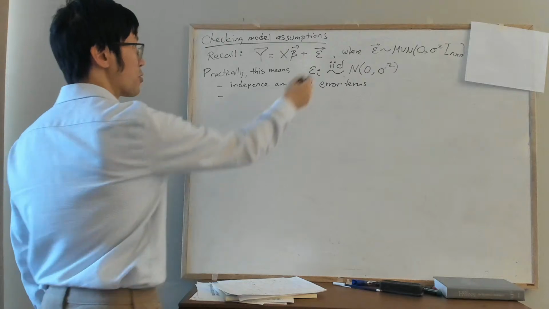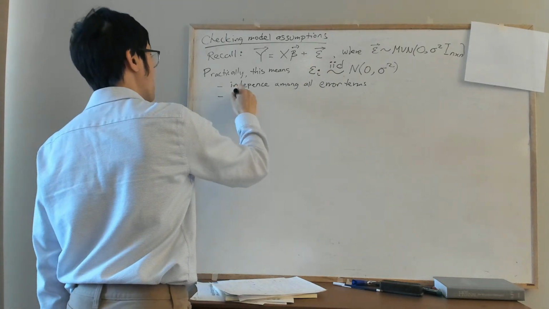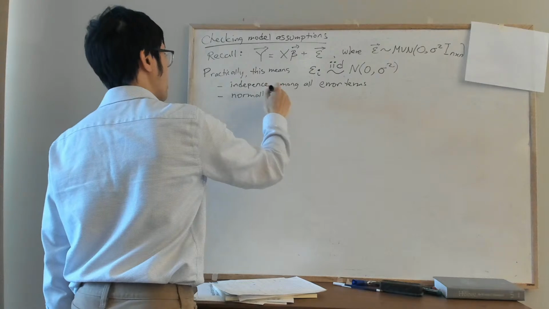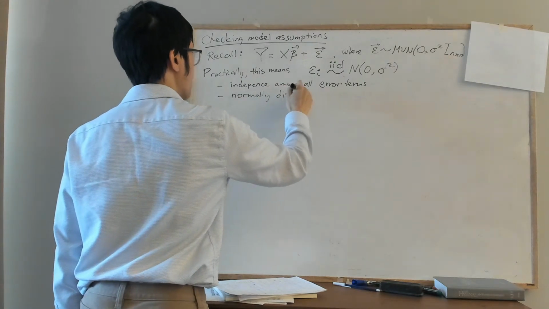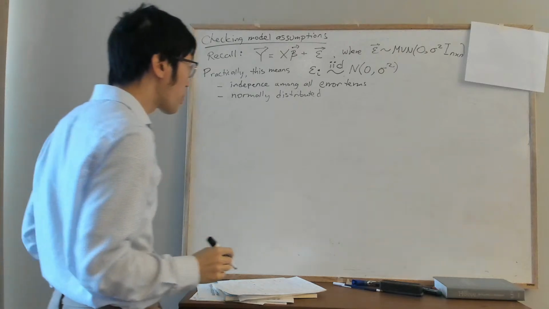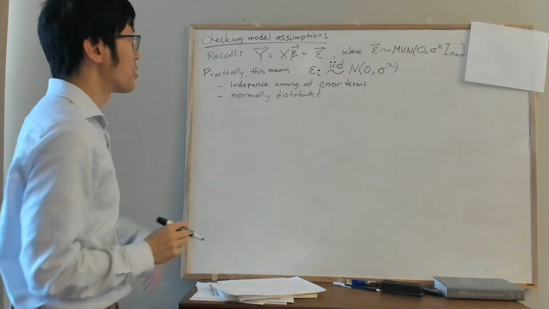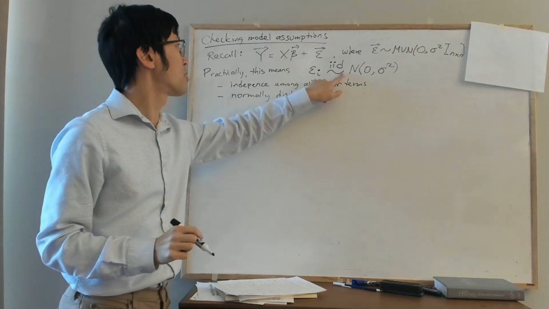Furthermore, they are normally distributed, and they have mean 0. So what does mean 0 suggest here?